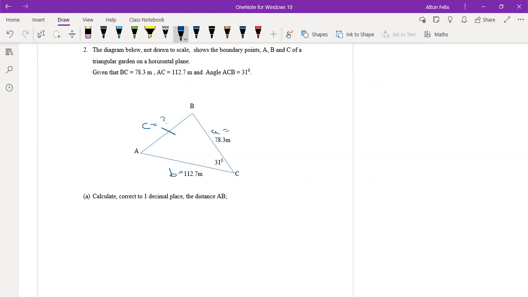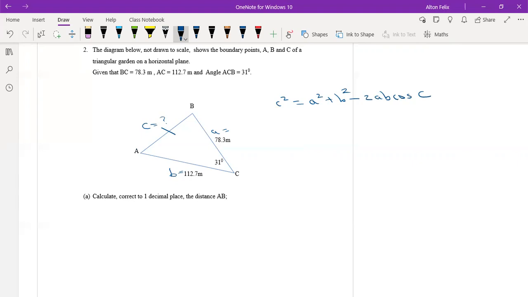In relation to the angle, c square is equal to a square plus b square minus 2ab cosine C. Right, so we have all the information there to calculate the missing side c.